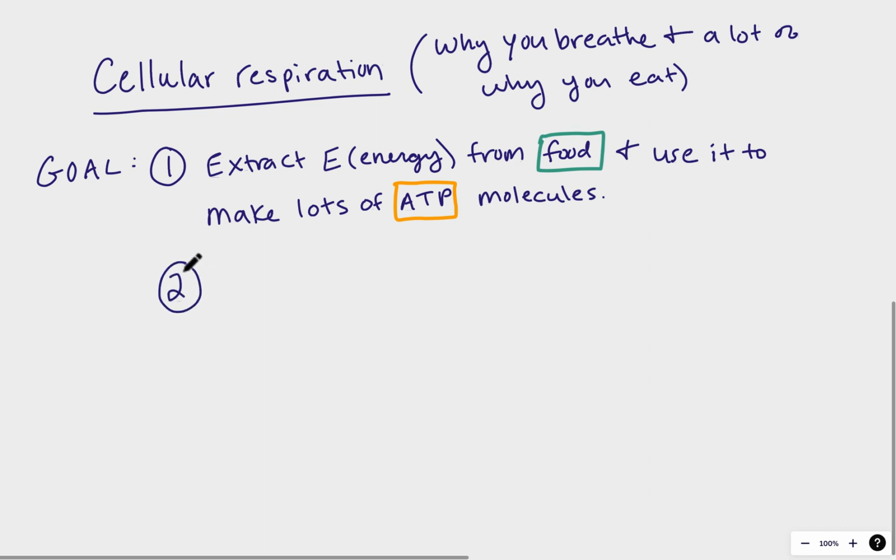After we make that ATP, this is a kind of after cellular respiration. ATP, remember, that's a high energy molecule. I have a lecture about it. It is used to do cellular work.